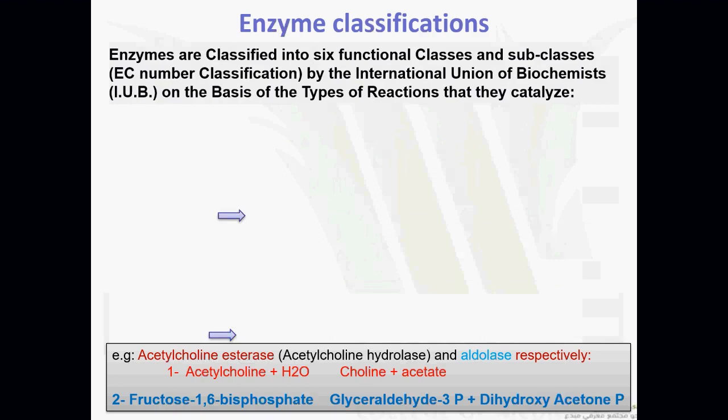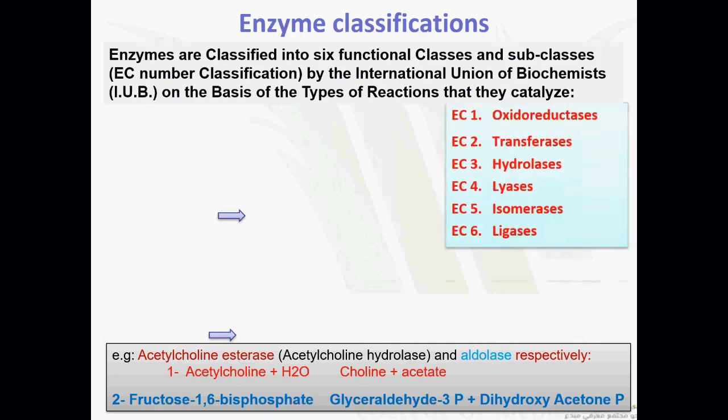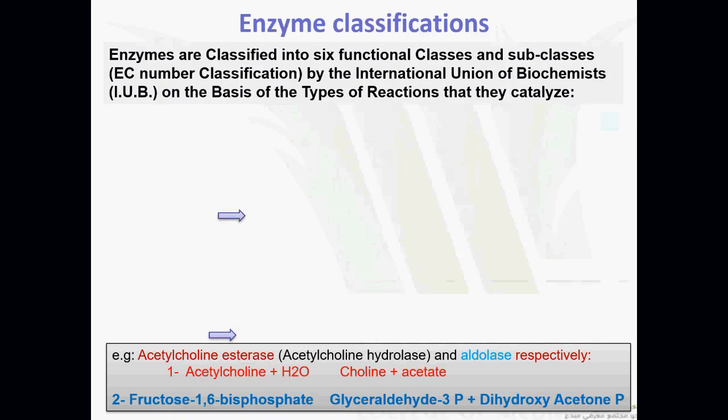In the past, enzymes were classified by giving a specific name together with the substrate, identifying the type of the reaction. For example, sucrase is the enzyme which works on the disaccharide sucrose, and lactase splits lactose into glucose and galactose.